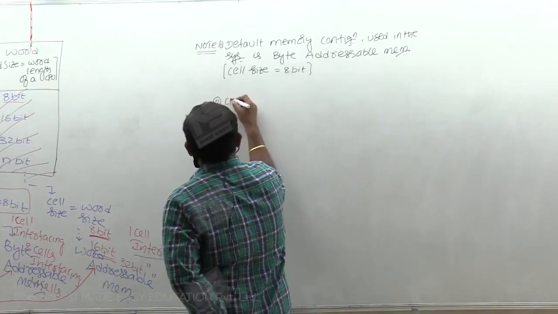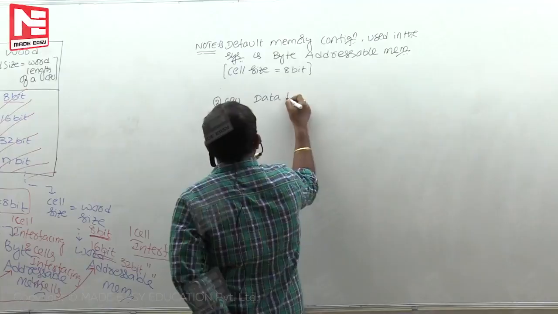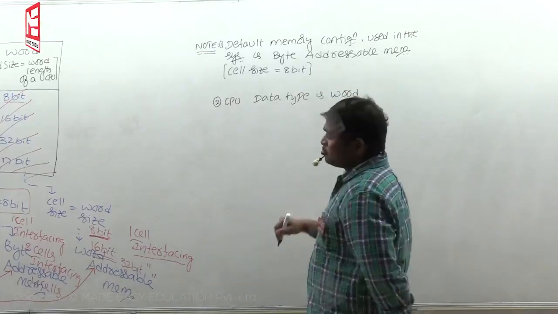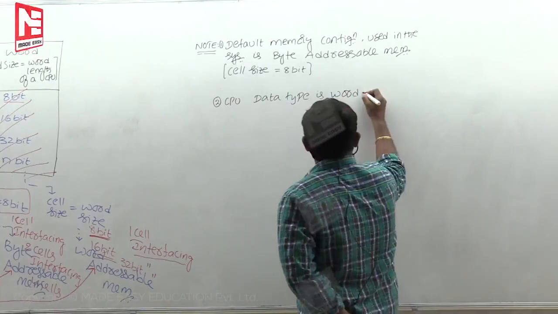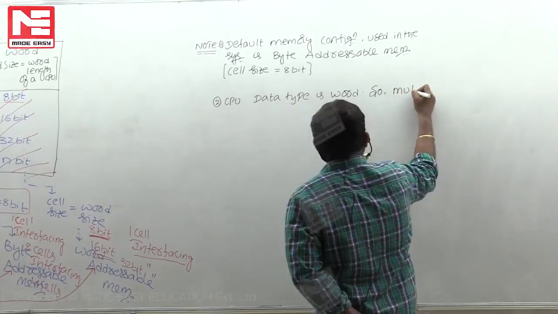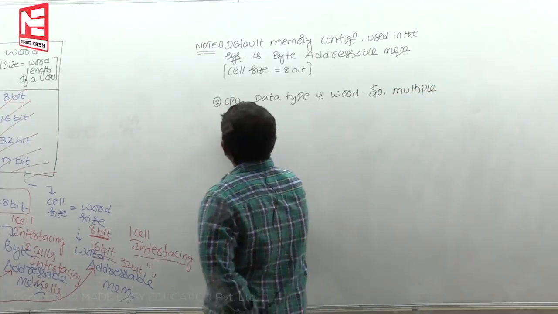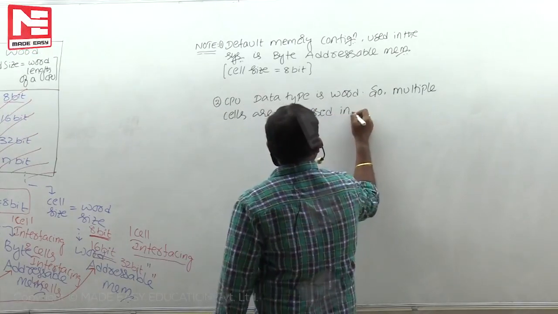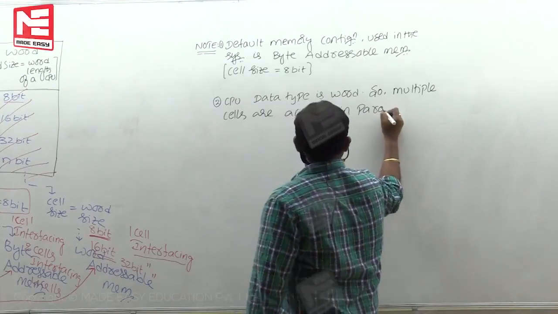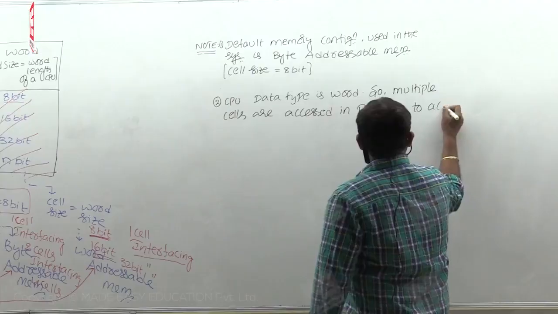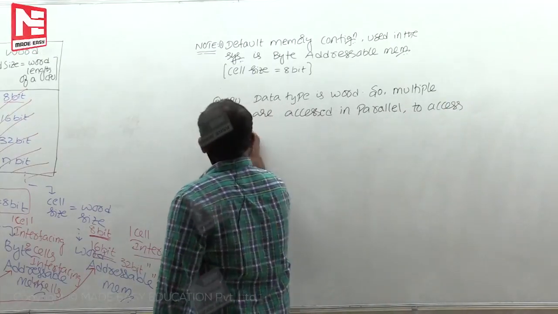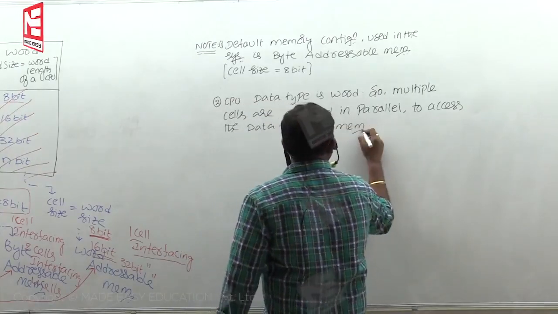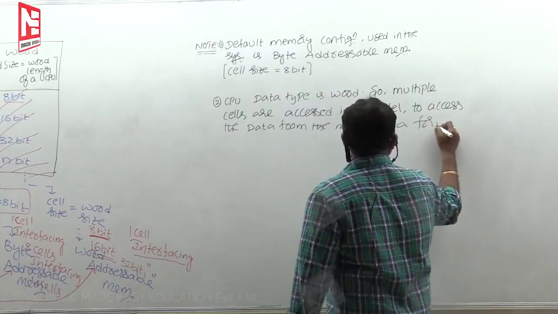Second note is: CPU data type is word. Memory data type is byte. CPU data type is word. So, multiple cells are accessed in parallel to access the data from the memory in the form of words.